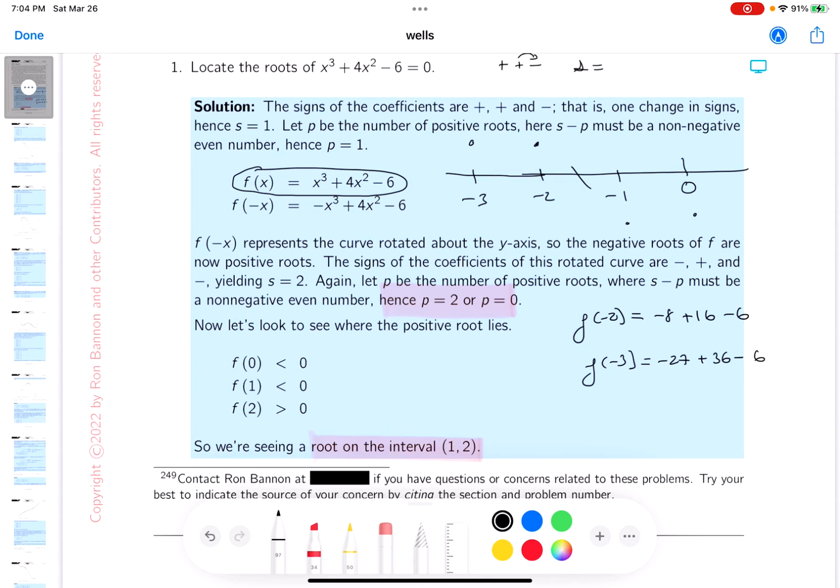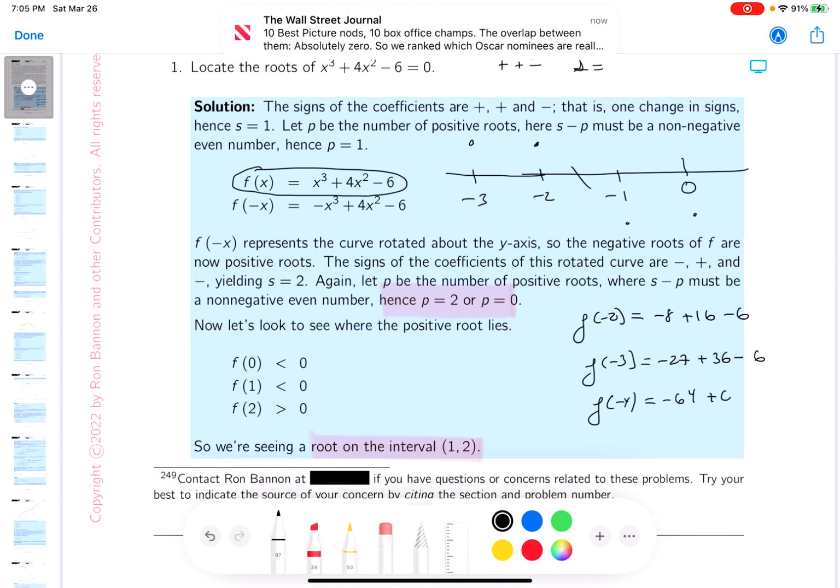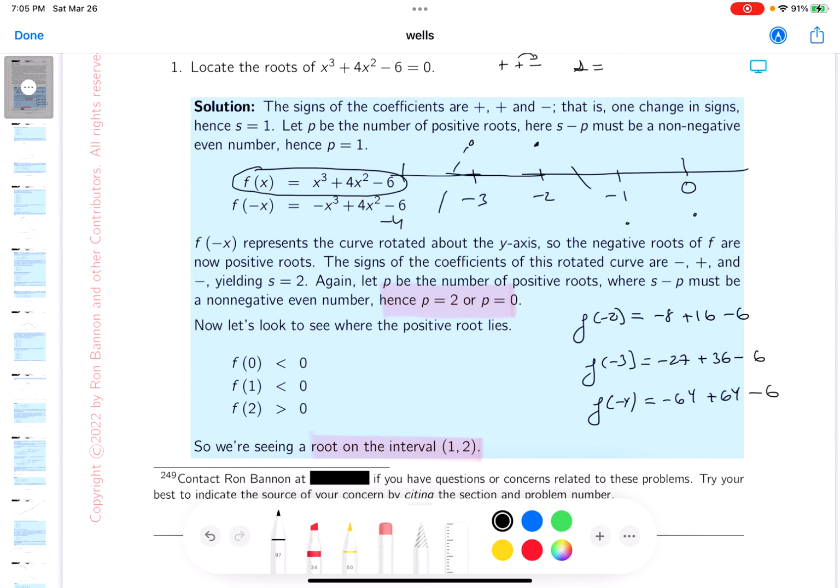Let's do f of minus 4. What's f of minus 4? Well, plug it in. You get minus 64. And you're going to get plus 64. And then you get minus 6. We're negative now. So at minus 4, we're negative. So I know there's a negative root. So a root between, let's see, between minus 2 and minus 1.